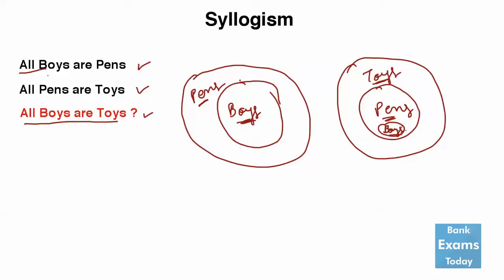All boys, this smaller circle, is a part of the bigger circle, toys. So yes, it's true. All boys are toys. So let's do some difficult questions that will be asked in the real exams.